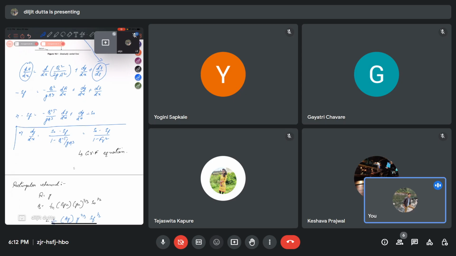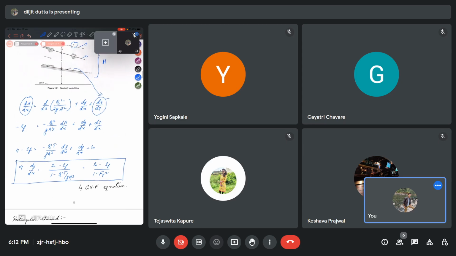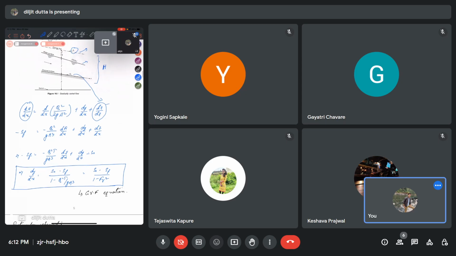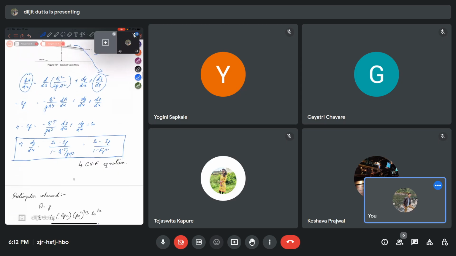So the rate of change of the water level, dy by dx, is equal to s naught minus sf divided by 1 minus q square t by g a cube, and q square t by g a cube is nothing but the square of the Froude number. So it is s naught minus sf divided by 1 minus Fr square.